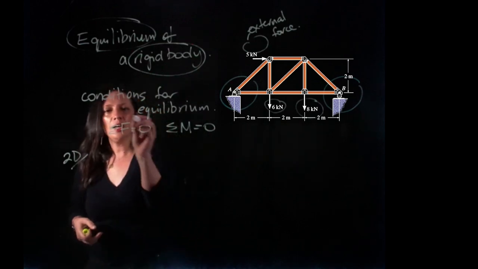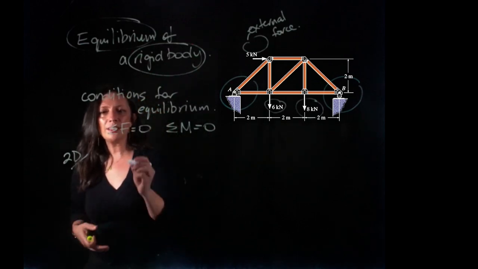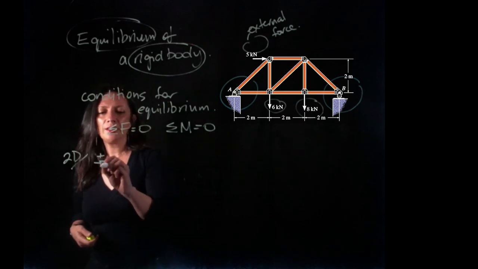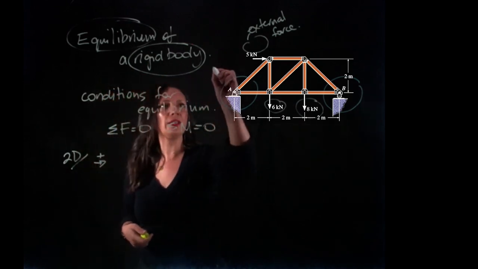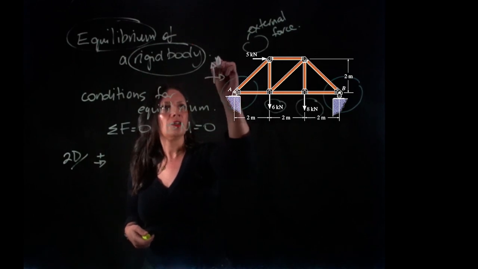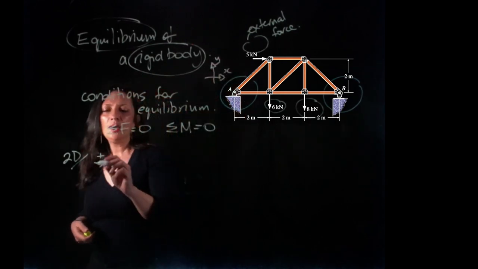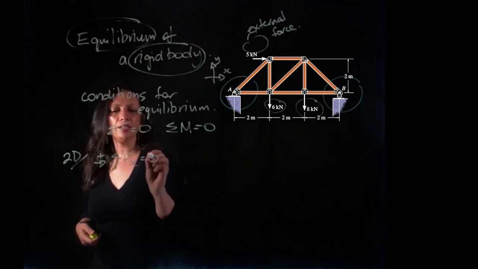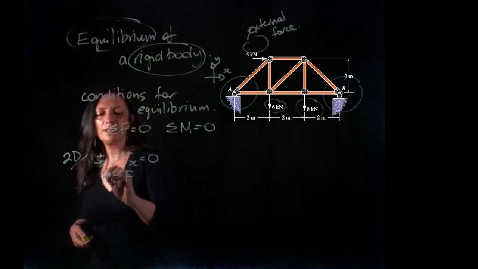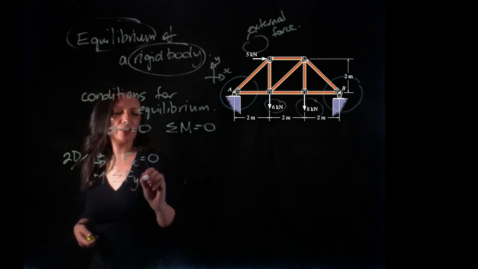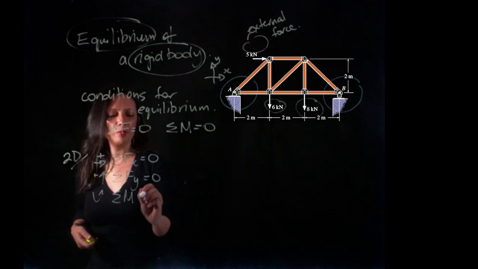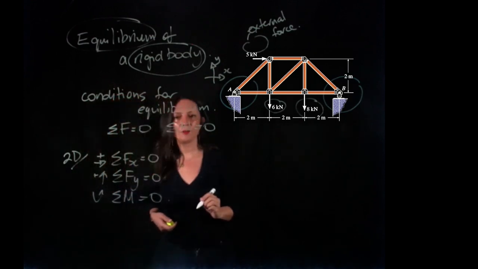In 2D we know that force is a vector and it has an x component and a y component. So we can assign a direction, and we always put an axis on our diagram. We can say that the sum of the forces in the x direction equals 0, the sum of the forces in the y direction equals 0, and the sum of the moments around any point is going to equal 0.